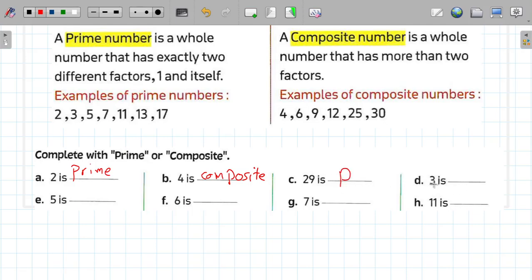Okay, 3 is prime because it has 2 factors. 5 is prime. 6 is composite because it has 4 factors. 7 is prime. 11 is prime. So prime numbers have 2 different factors only. Composite numbers have more than 2 factors. Okay, this is the difference between prime number and composite number.